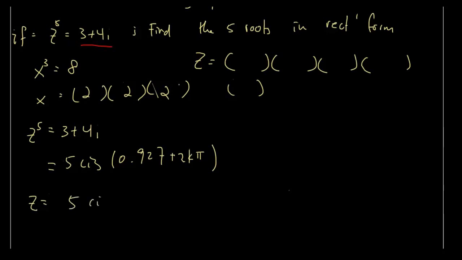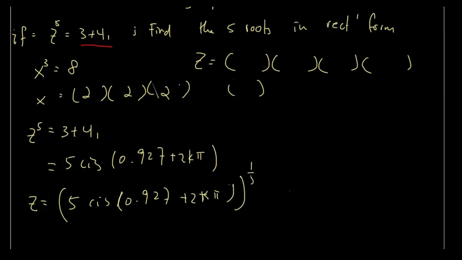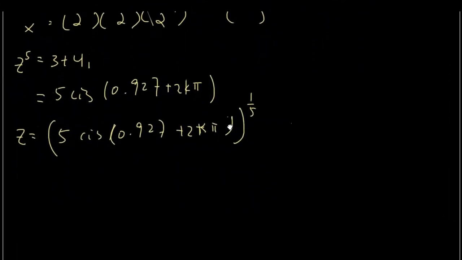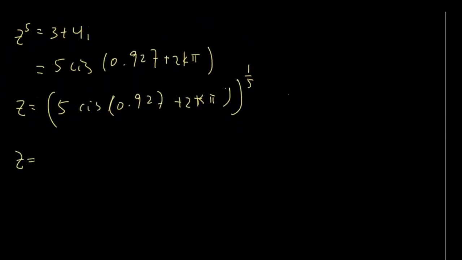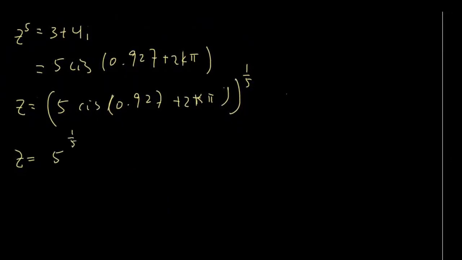So we raise everything to the power of 1 over 5. From De Moivre's theorem, there would be 5 to the 1/5 cis of (0.927 plus 2k pi) over 5.